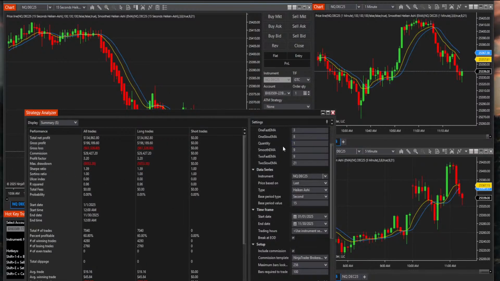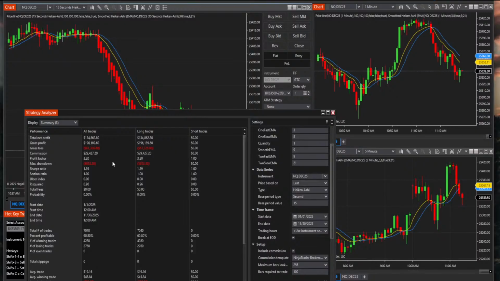You could easily do quantity 2 contracts and you still would not blow up an account, to be quite honest. And this number, to be quite honest, is going to be a little bit higher in real market. The real market is going to be a little higher, people. So this total net profit could possibly be about 10% lower.